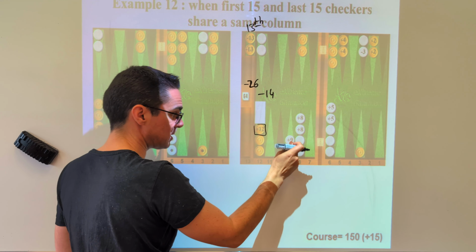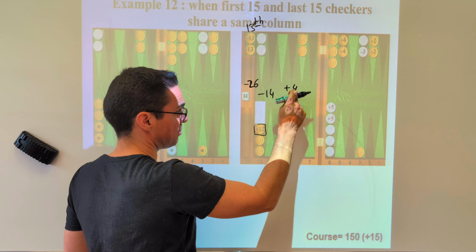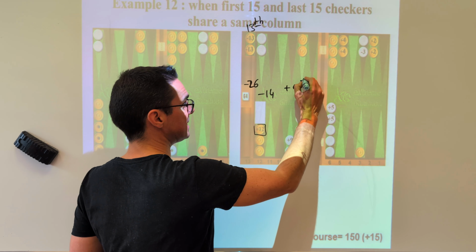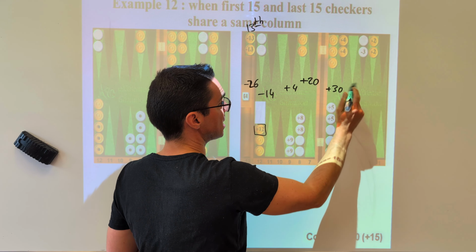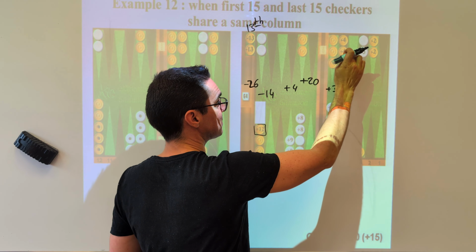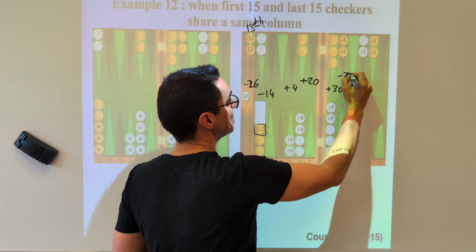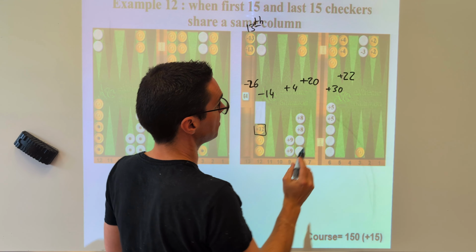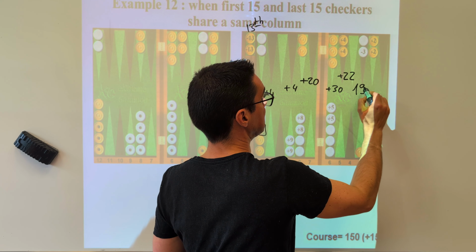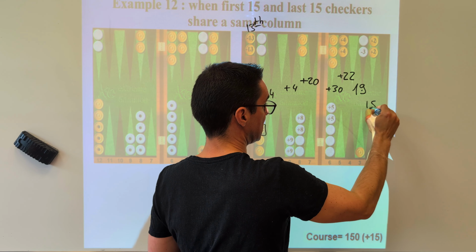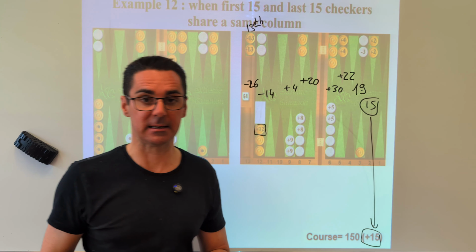And minus 14 plus 18 is plus 4. And plus 4 plus 16 is plus 20. And plus 20 plus 10 is plus 30. And plus 30 minus 4 is plus 22. And plus 22 minus 3 is 19. And 19 minus 4 is 15. You have a deficit pip count of 15.